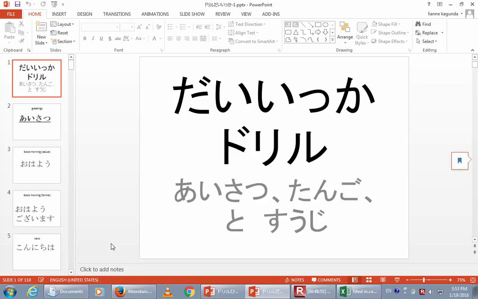So, like I said, 10-2 would be 12, so ju ni, that's 12. Now, ju san would be 13, ju yon would be 14, and on and on and on, just like that. Very easy to count in Japanese once you know the numbers 1 through 10. Ichiji, 1 o'clock, exactly.